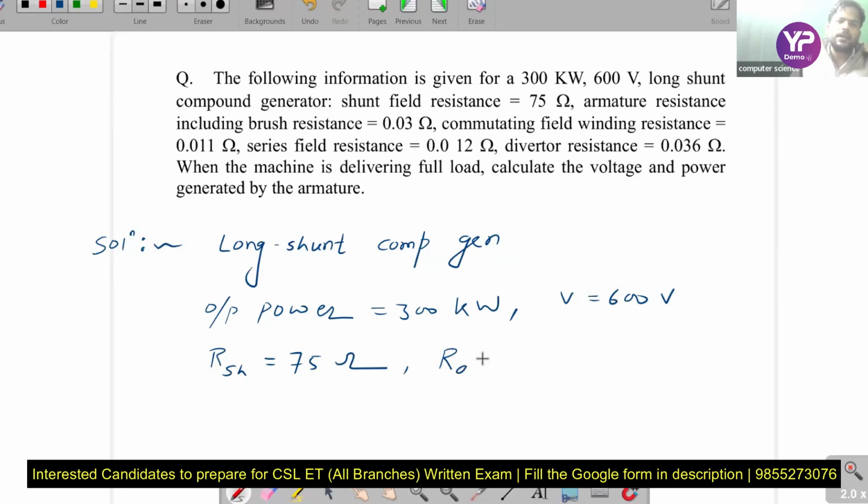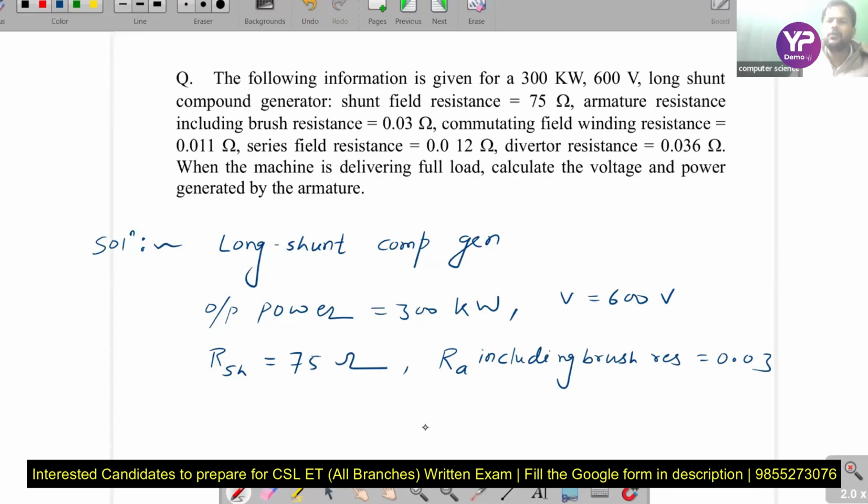Armature resistance RA, including brush resistance, is 0.03.